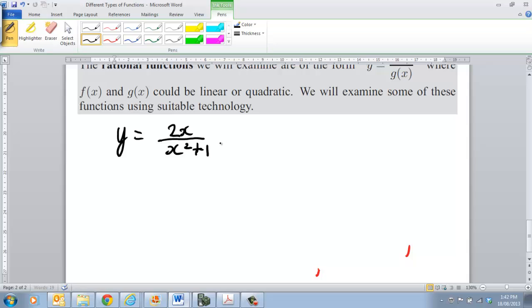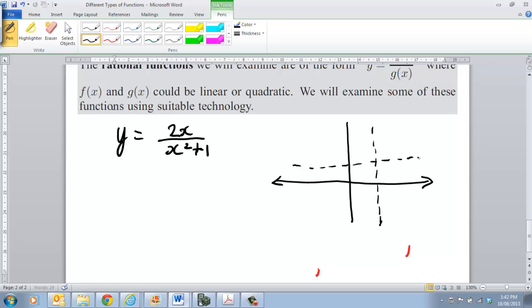If you had a function like that, I don't know exactly what this looks like, but these are the sort of functions that have these asymptote lines. So I might have an asymptote line there and an asymptote line there. It doesn't have to look like that, but it could be one that goes sort of like this shape.